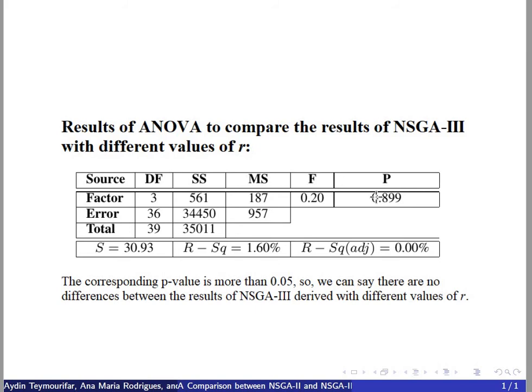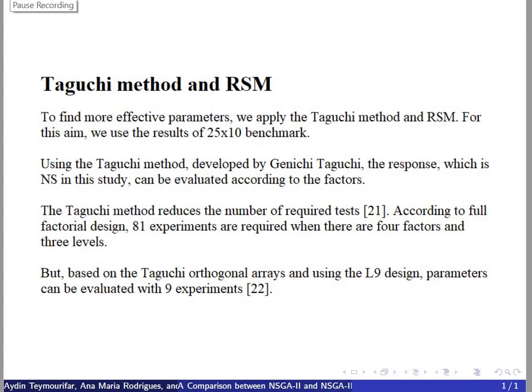So we can say that there are no differences between the results of NSGA-III derived with different values of R. Also, we use the Tukey test. The grouping information shows that all of the results are in the same group. So it can also be concluded from these results that for this problem, R has no effect on the results.